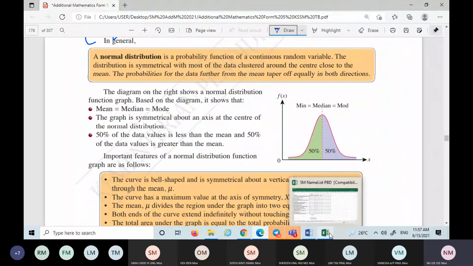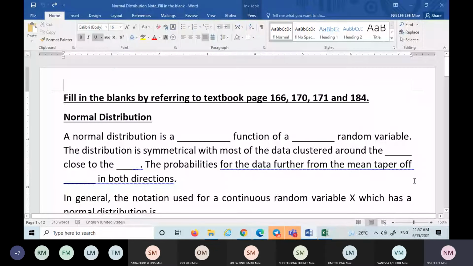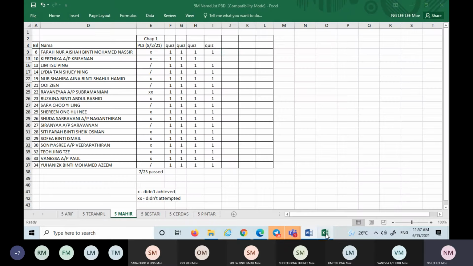You can take out the notes that I asked you to fill up. You start now. What is the normal distribution? A normal distribution is what kind of function?